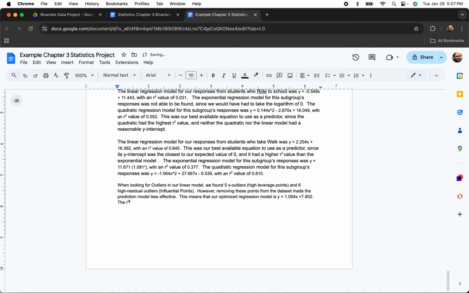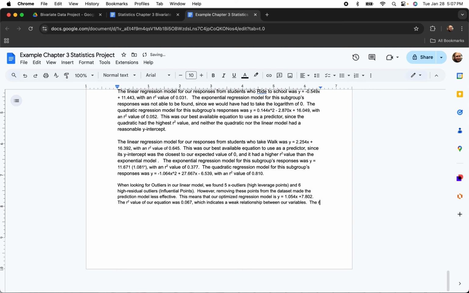The r squared value of our equation was 0.067, which is well below 5, so which indicates a weak relationship between our variables.